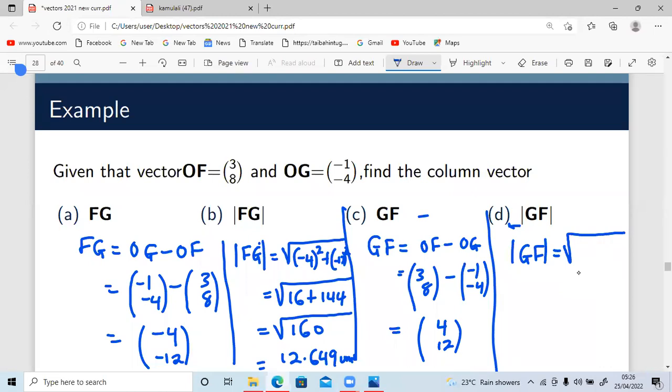We use 4 squared plus 12 squared. Okay. Which is equal to? 16 plus 144. Which will give us 160. Okay. And then our final answer becomes? 12.649. Okay, units. Good.